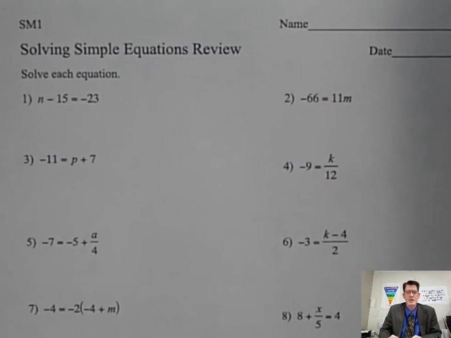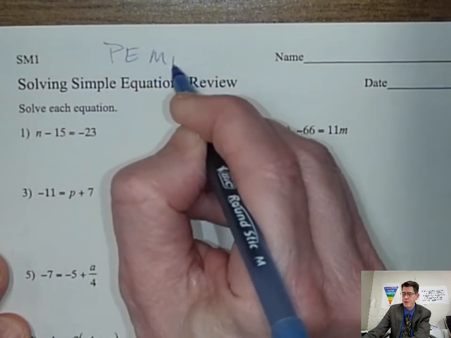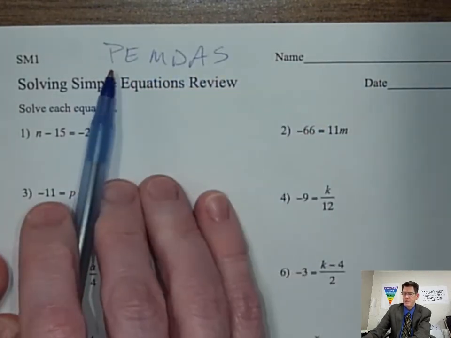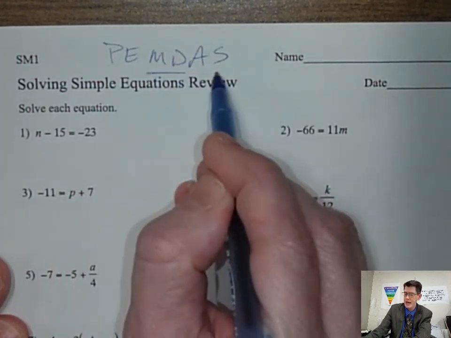The point of these equations is to isolate the variable, or simplify the equation, or solve for the variable. All those different ways to say the same thing. You guys remember PEMDAS. First do parentheses, exponents, multiply and divide together, and add and subtract together.